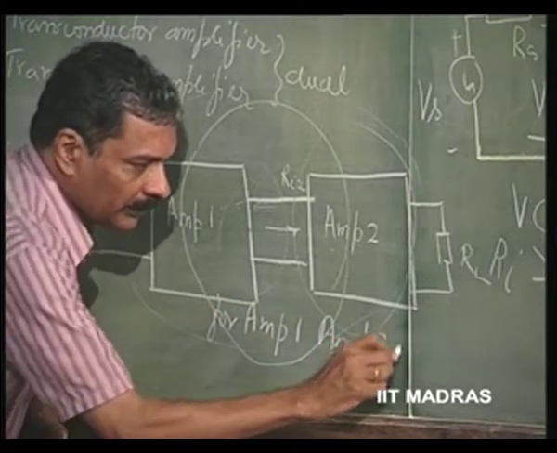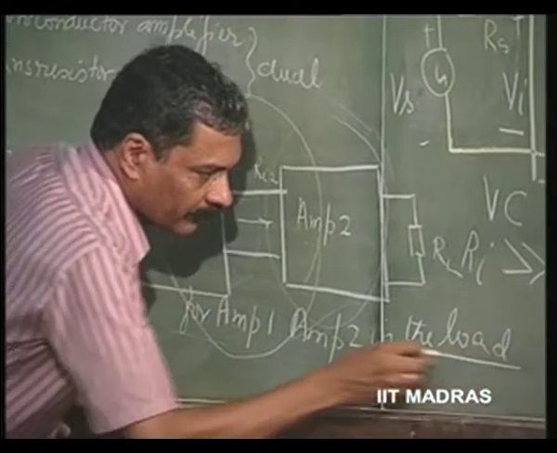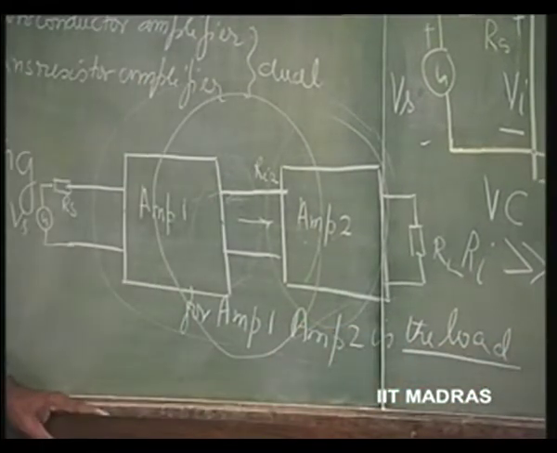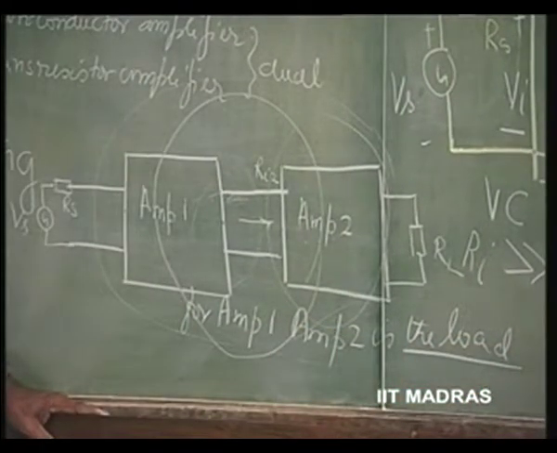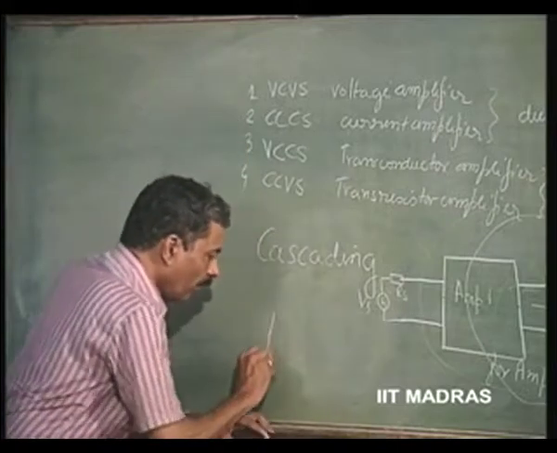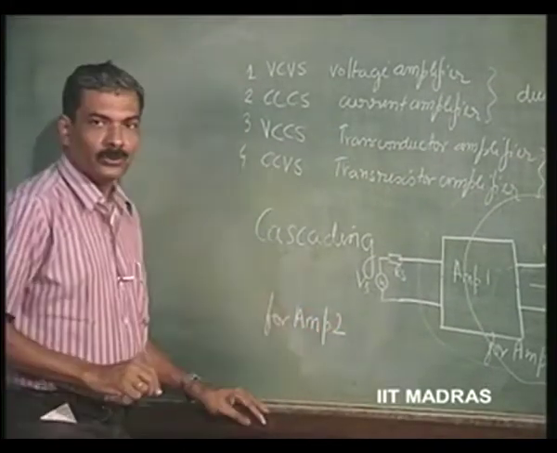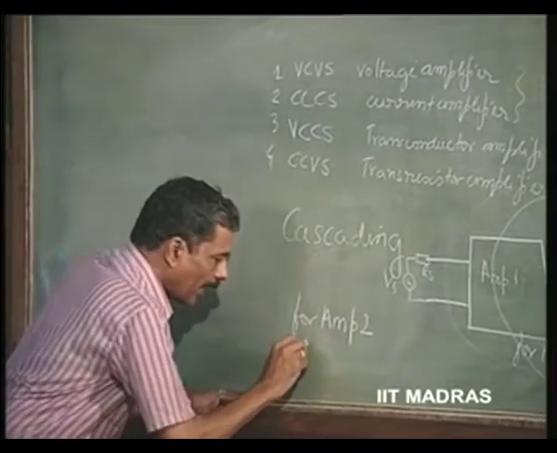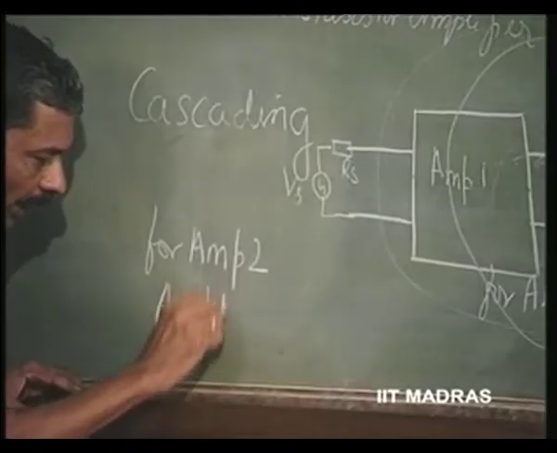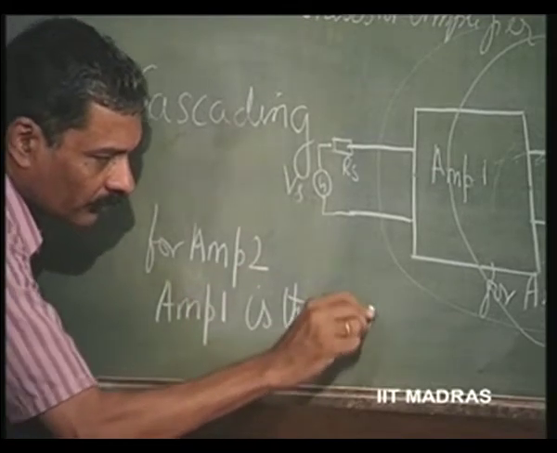Now, that means load is not really necessarily a resistor, right? It can be an amplifier. So, for amplifier 2, amplifier 1 is the source.